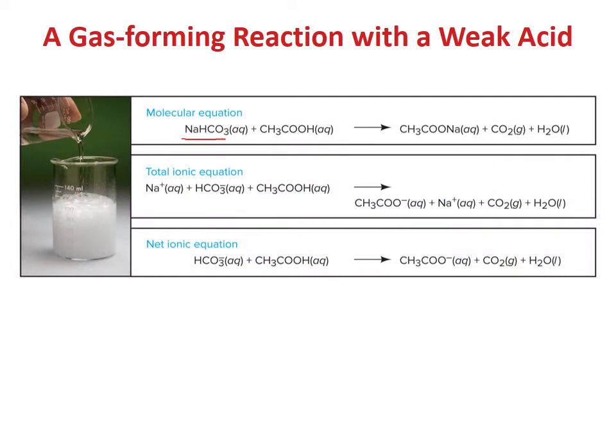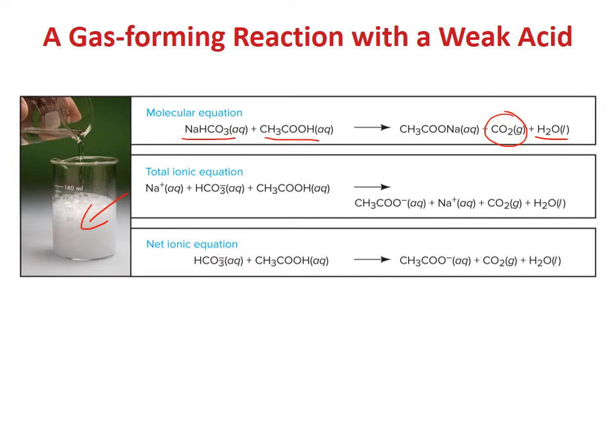When sodium bicarbonate, which is a weak base, combines with acetic acid, which is a weak acid, water molecules are formed. At the same time, the solution forms a lot of bubbles, indicating gas formation, and the gas is CO2.